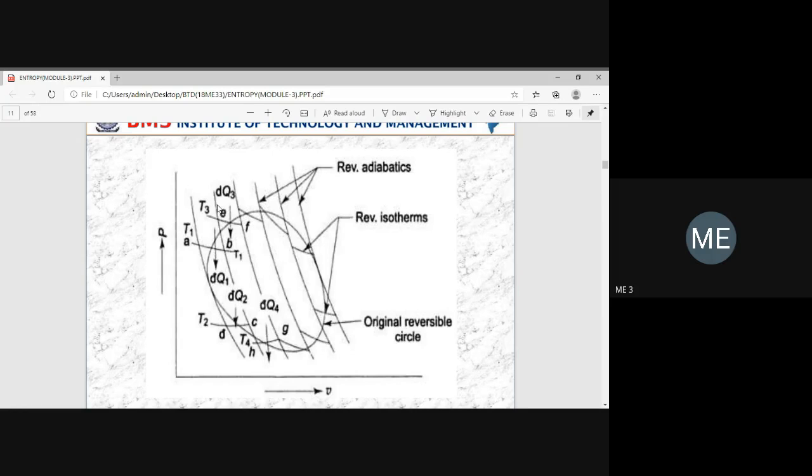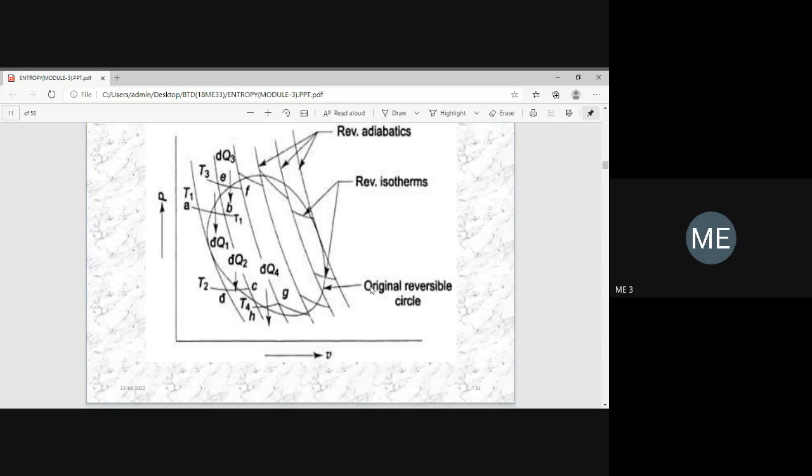Like that, you consider another cycle, EFGH, in which dq3 is the heat added reversibly at constant temperature, and dq4 is the heat rejected from the cycle at constant temperature. Like that, we have a number of Carnot cycles.